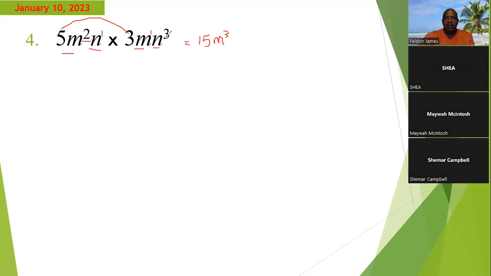This n is to the power 3. When we add the powers of the n's, we get 1 plus 3 give you 4. So this becomes n to the power 4. And that give you your final answer. Any question, guys?